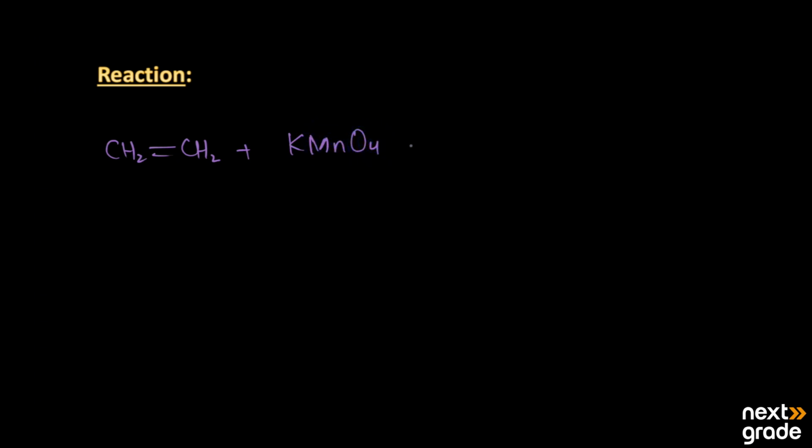KMnO4, we take its aqueous solution, so the addition of water will be there. Then after the reaction, we gain the product, that is ethylene glycol, with the addition of the hydroxyl group on the double-bonded carbons, CH2 CH2, and the addition of the hydroxyl group.